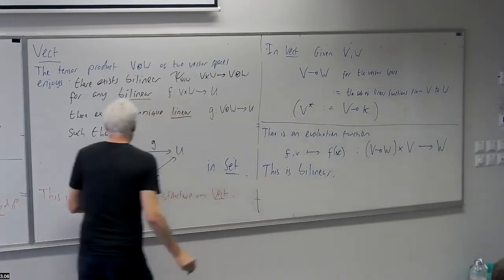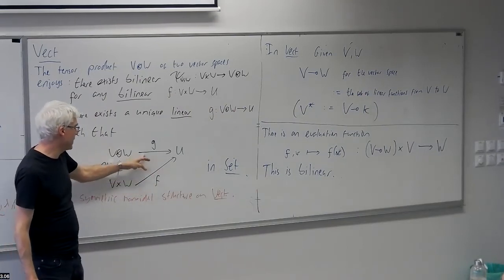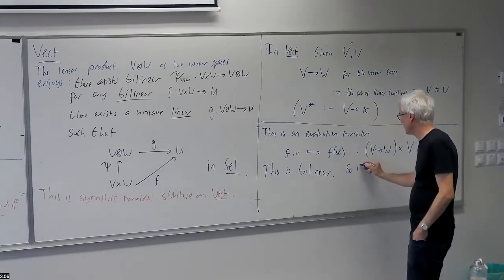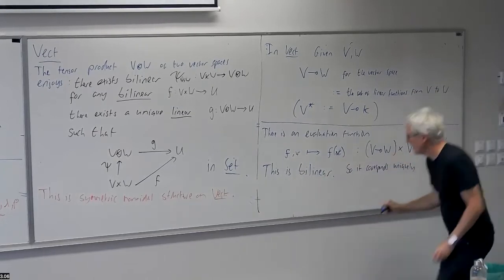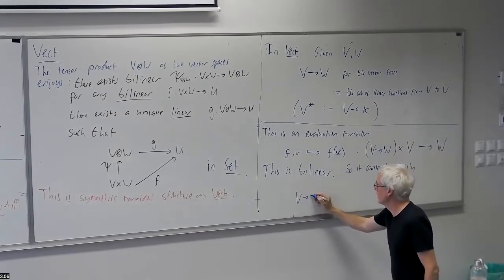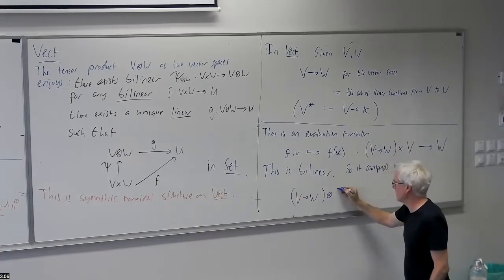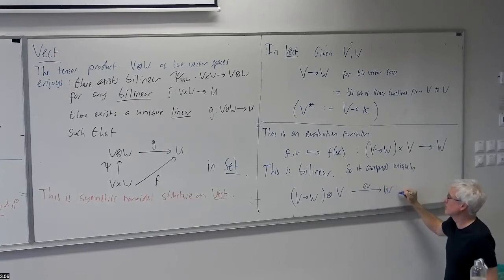So by our characterization of the tensor product, it corresponds uniquely to a function out of the tensor product. So we have a function which we're going to call the evaluation function, or the evaluation map, from the tensor product of the space of linear functions with V, which takes us to W.